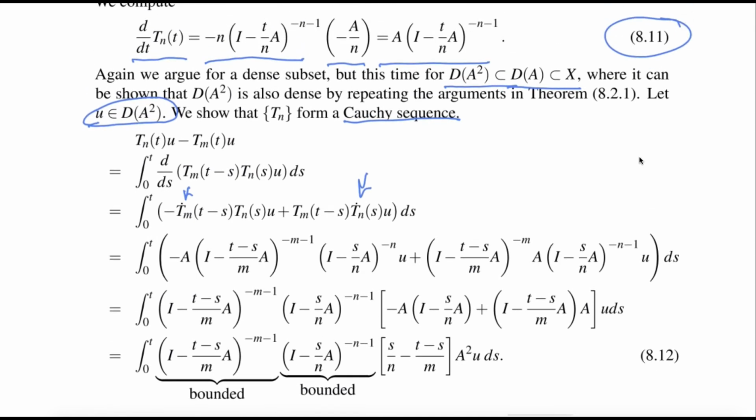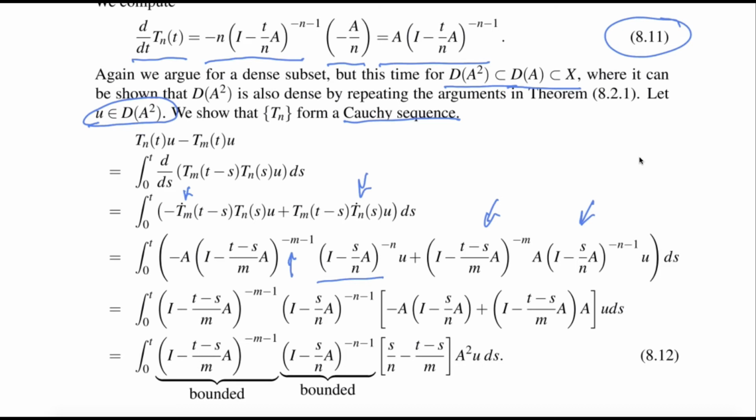So you get the A's and you get (I − (t/n)A)^(−n−1). So here this is for m, and here is a semigroup you keep, and here is the semigroup you keep, and here is the derivative for n.